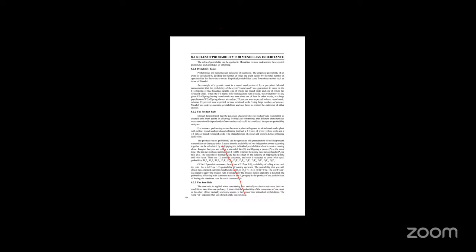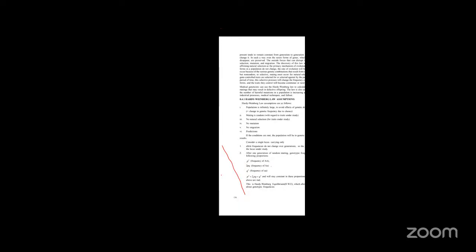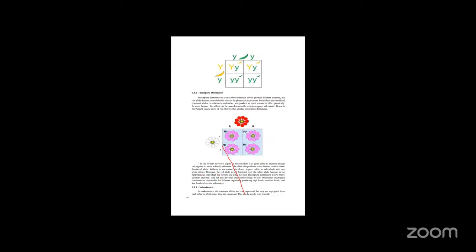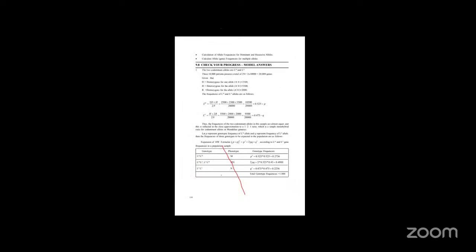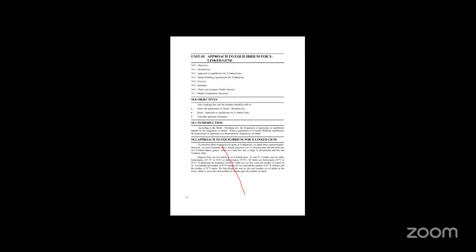So next, these are the topics we have: estimation of allele frequency, multiple alleles. Next, approach to equilibrium for linked genes.